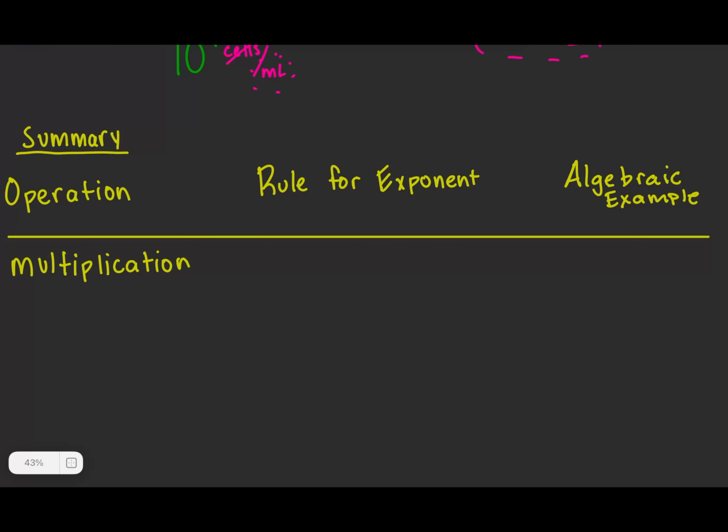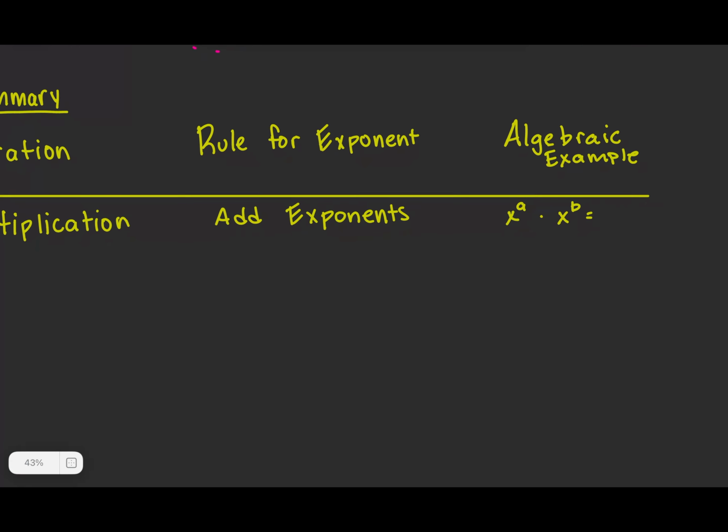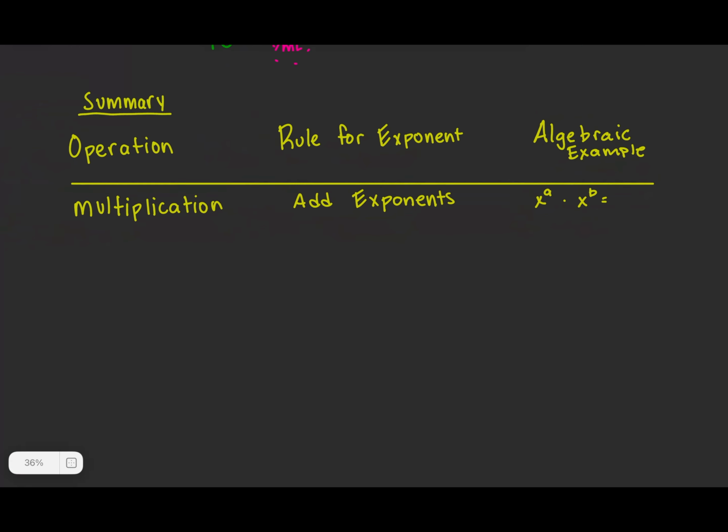So if we're multiplying, we add exponents. Let's give an example here of x raised to the a times x raised to the power of b.